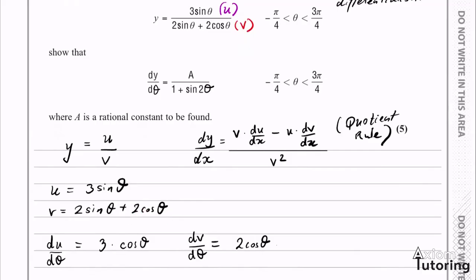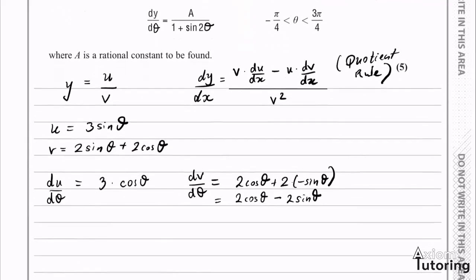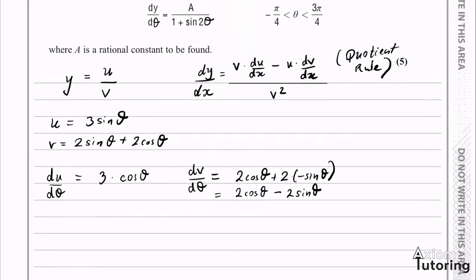That's actually going to give us plus 2 times, cos theta differentiates to give minus sine theta. So I'll rewrite that down here. So in fact, that becomes minus 2 sine theta. Okay, so now that we have all that, we just need to substitute everything in.